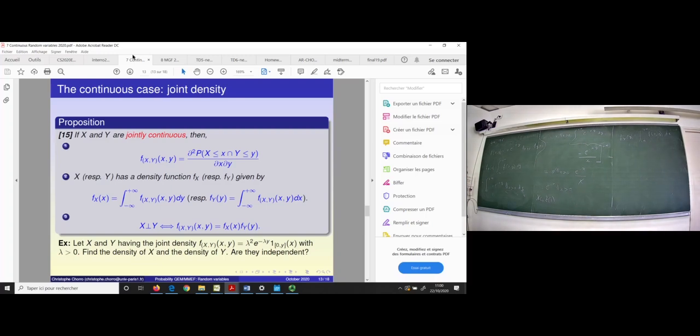So I plug inside, so what do I have? x is strictly positive, so it will be an integral from 0 to plus infinity of x exponential minus xy dx. And I don't have to forget the indicator function that y is strictly greater than 1.